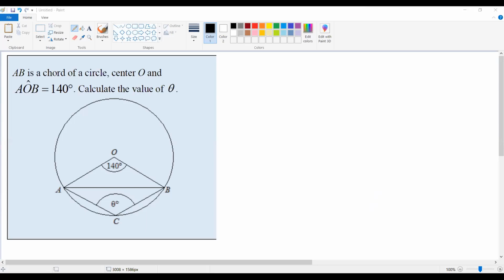Well, minus the 360 degrees from 140 degrees to get 220. Multiplied by half, 110. Okay, and which theorem you use?